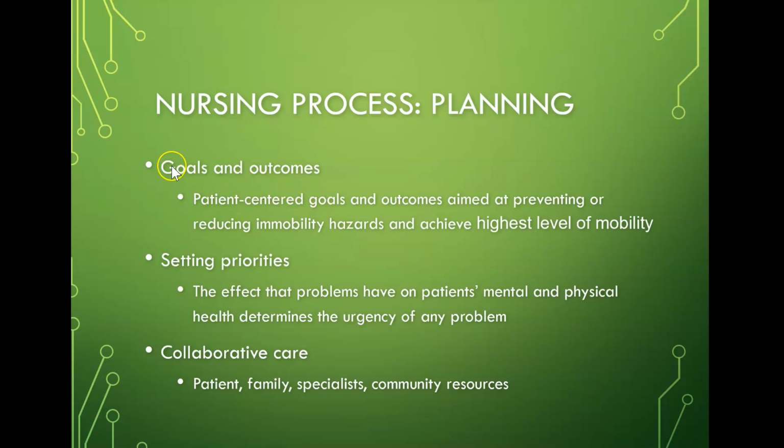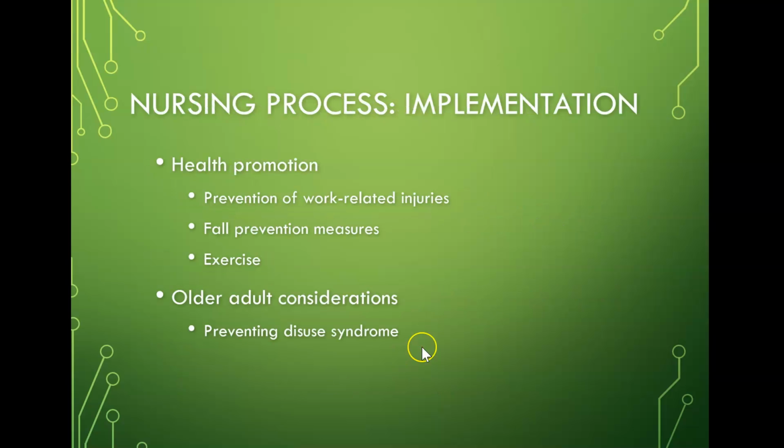So, of course, it's good to have patient centered goals. You need to set priorities based on the patient's mental and physical health and what you think is the most urgent for that time. You also need to collaborate with family, specialists, and tap into community resources. You do need to promote health.